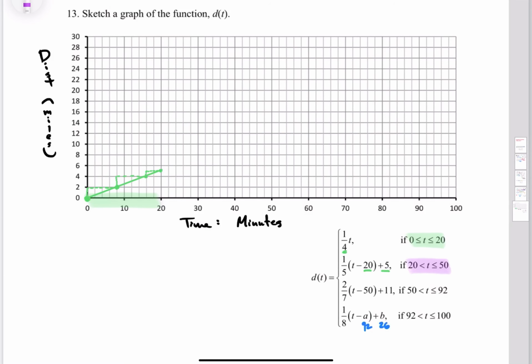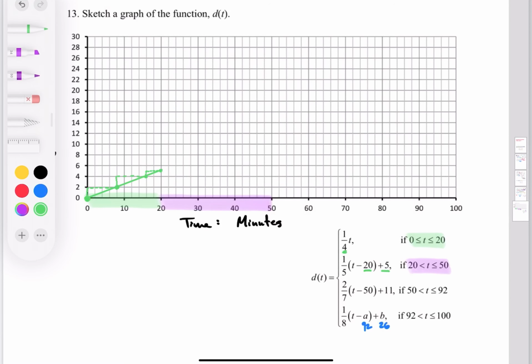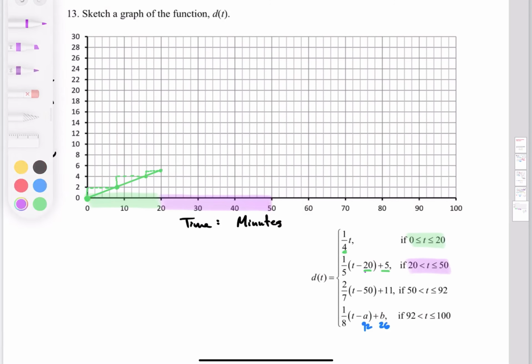So between 20 and 50 minutes, I can see that we're starting off at that same point at 20, 5. And if I take a look at my next piece, that's where I'm going to end. I'm going to end at 50, 11. So at 50, 11, here's 50. 11 is right over here. That's where I'm going to end.